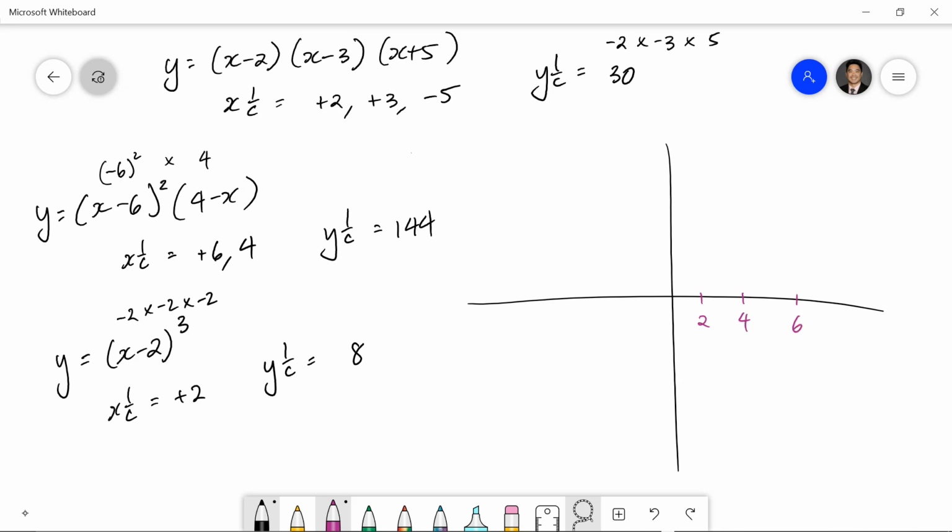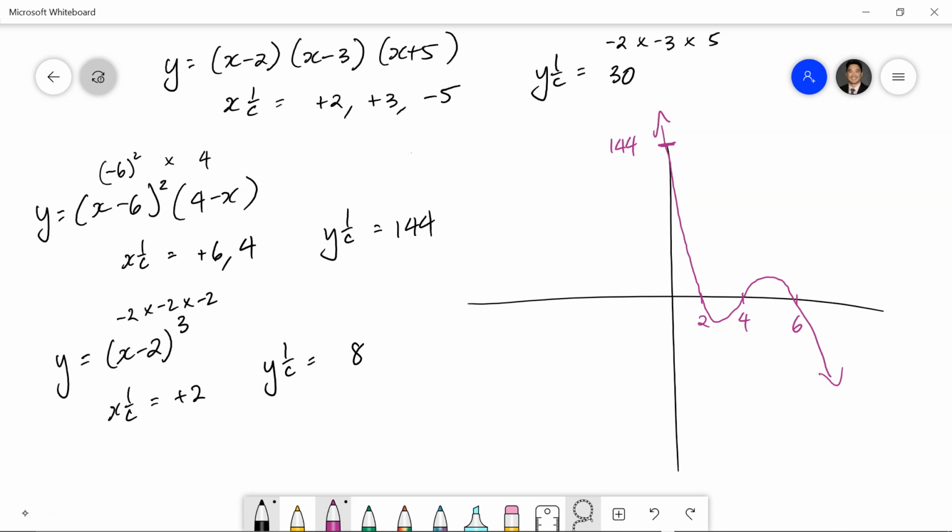And then we know that our y-intercept is at 144, so it's a lot higher. When we think about what this graph looks like, it's going to start up high, go low, and then it needs to go back around and then down again. So going through here, it will look like that.